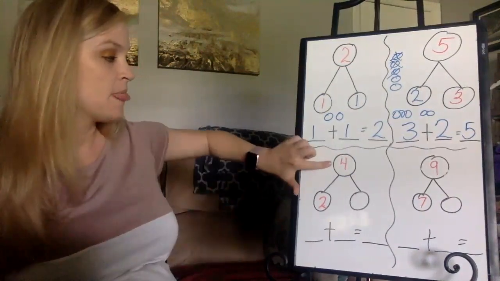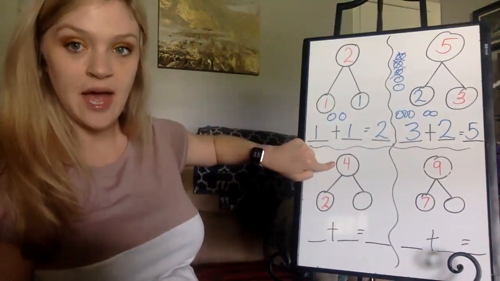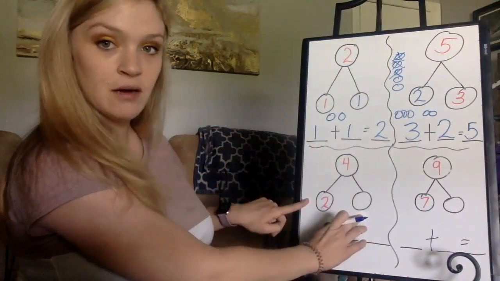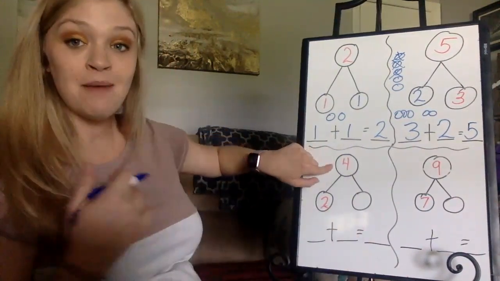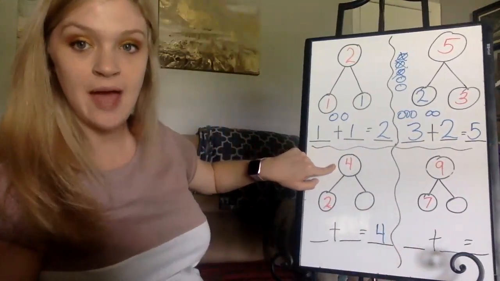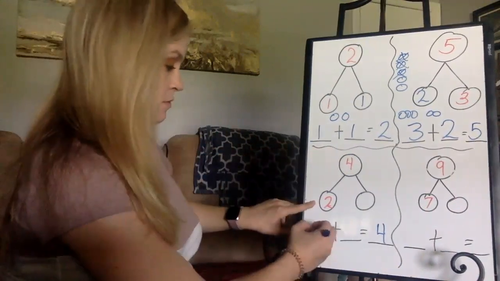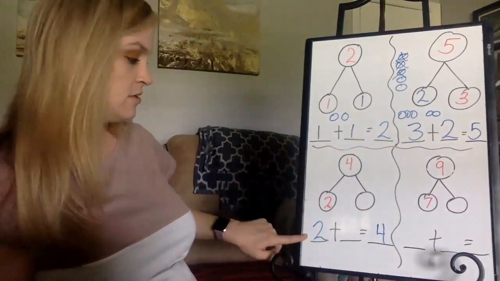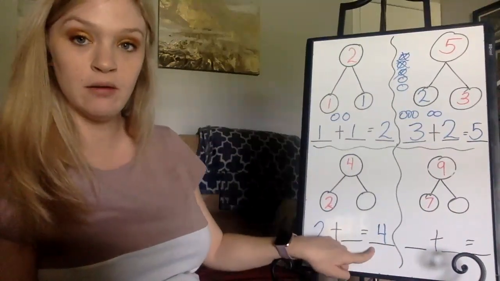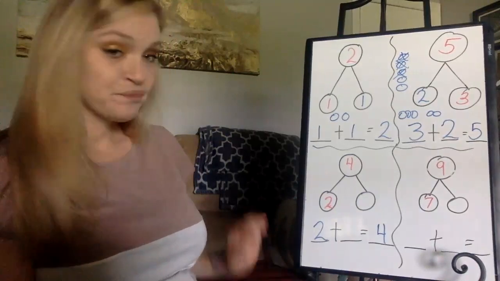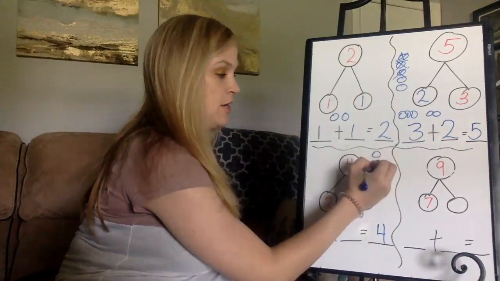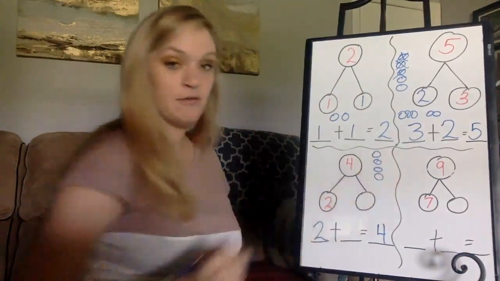Let's come down here. 4 on top, and in my first number bond, I have 2. Now I need to solve what goes here. 4 on top tells me that's my answer, that's my sum. So 4 broken down, 2. Now I need to figure out 2 plus what equals 4. You can use the strategy up here where I draw 4 circles. 1, 2, 3, 4.